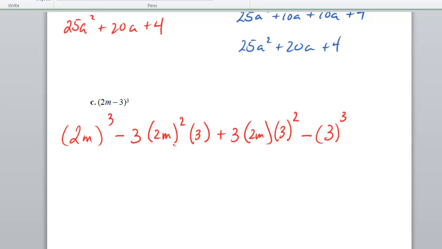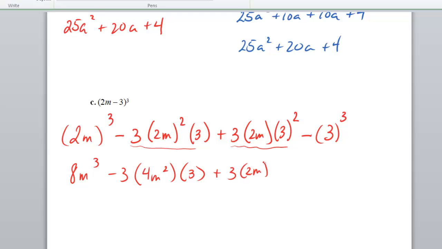And in the middle, we have the negative 3 and the positive 3, and they're going to be multiplied times the a squared and b, and then the a times the b squared. And so you'll have to get comfortable with these different patterns in the middle of this. And then it would just be a matter of working through the given parts here. And so we're going to have 8m cubed minus 3, and of course if I do the power properties, we're going to get 4m squared times 3, and then here we're just going to square that.